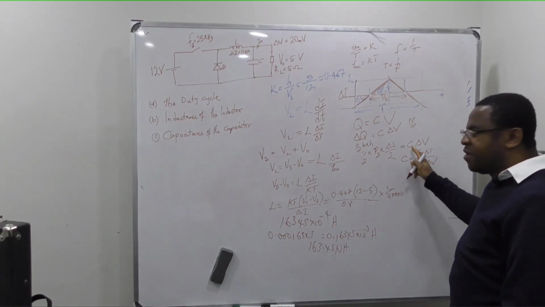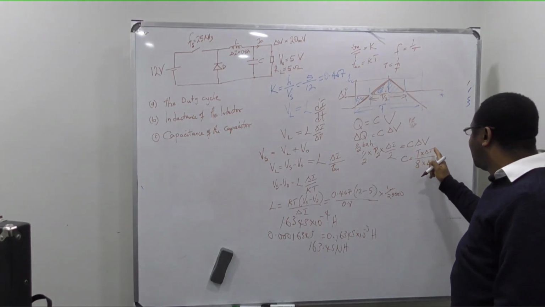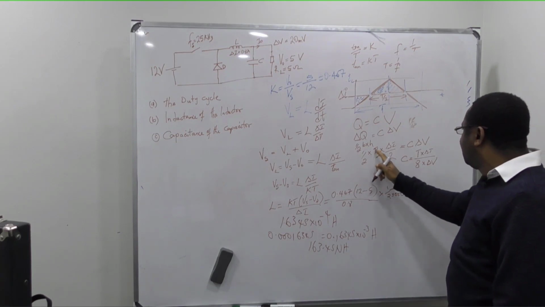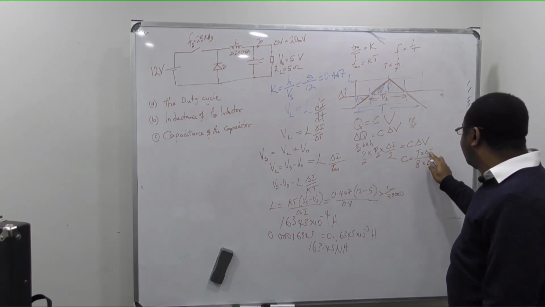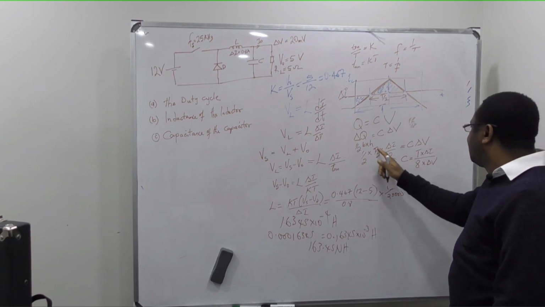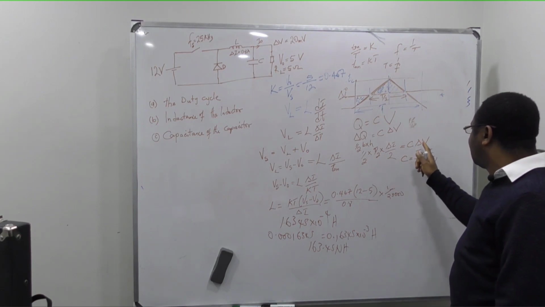Okay, so we have that. So we have C equals T by delta I, divided by 8 times delta V.